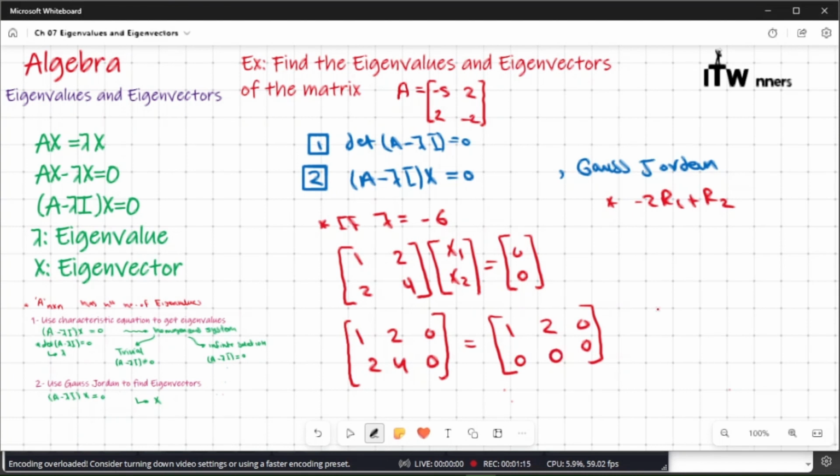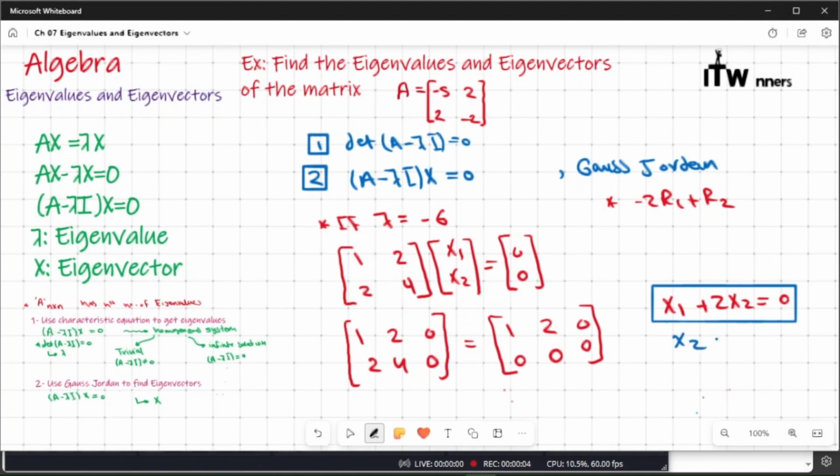Okay, so from here x1 plus 2x2 will be equal to 0. So let x2 equal to negative alpha, then x1 will be equal to 2 alpha.